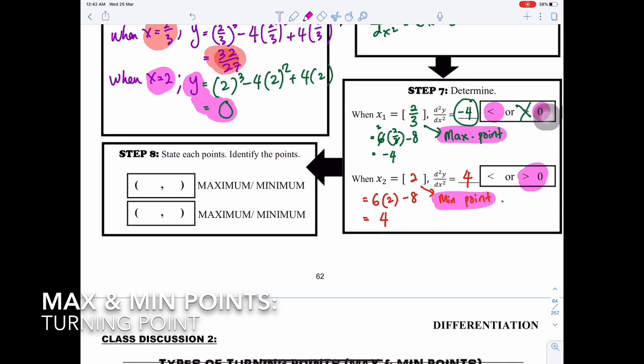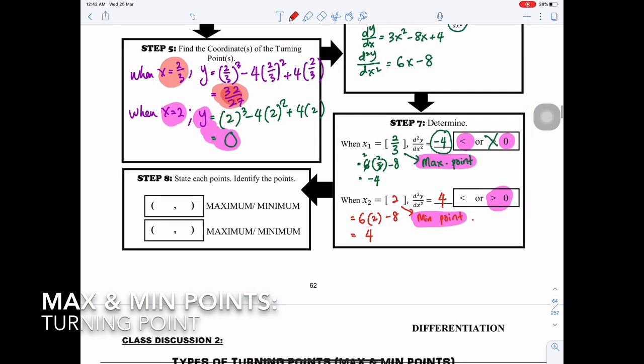Identify the points. First, if x equals 2 over 3, y equals 32 over 27, and it is a maximum point, not minimum.